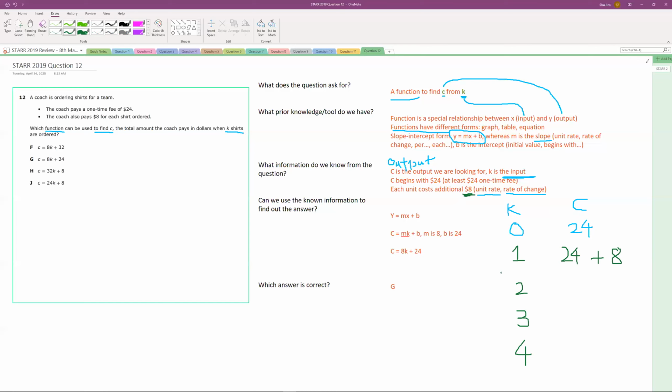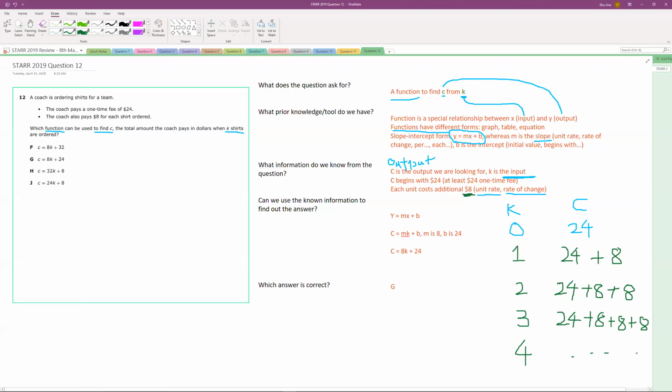When K increases by another 1, the total cost for 2 shirts will be the $24 one-time fee plus $8 for 1 shirt and plus $8 again for the second shirt. When the number of shirts increases to 3, the total cost will be the $24 one-time fee plus $8 for the first shirt, $8 for the second shirt, and $8 for the third shirt.